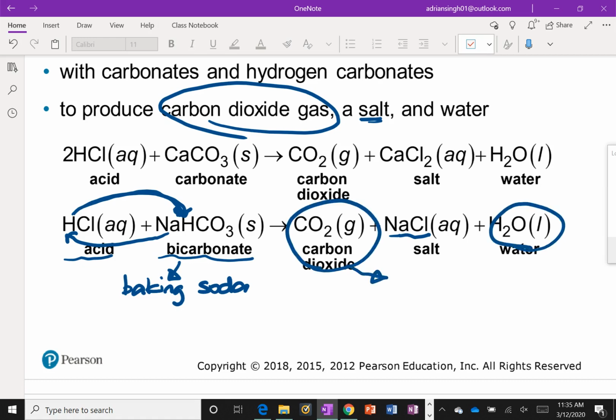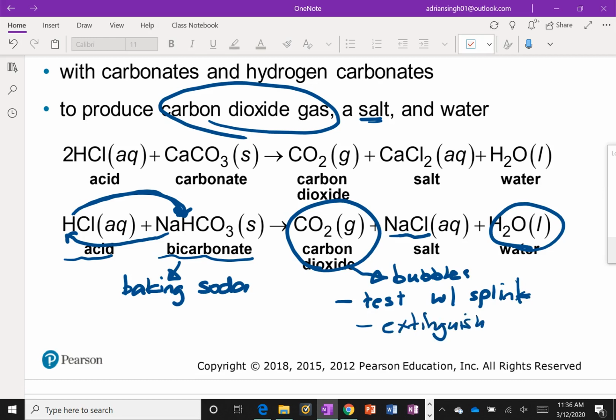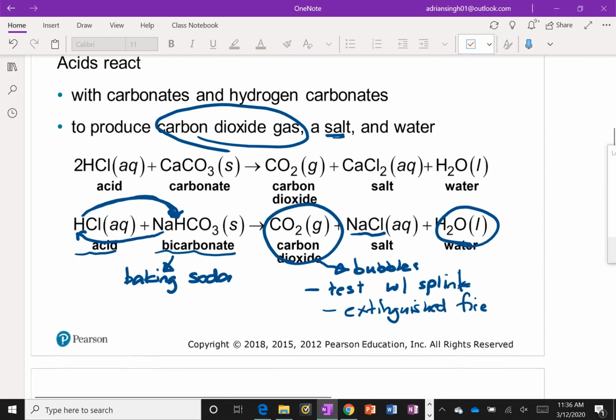This CO2 would be responsible for the bubbles that you would see, and we can test that as well. We tested it with a glowing splint, or a fire, and we saw that it was able to put the splint out. It extinguished the fire with no pop or squeak, as we saw with hydrogen.